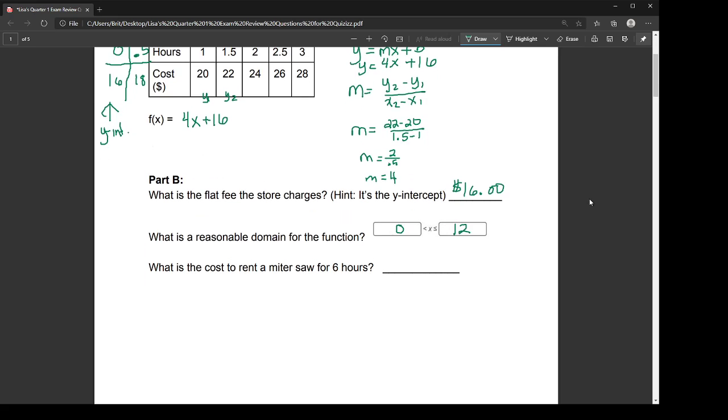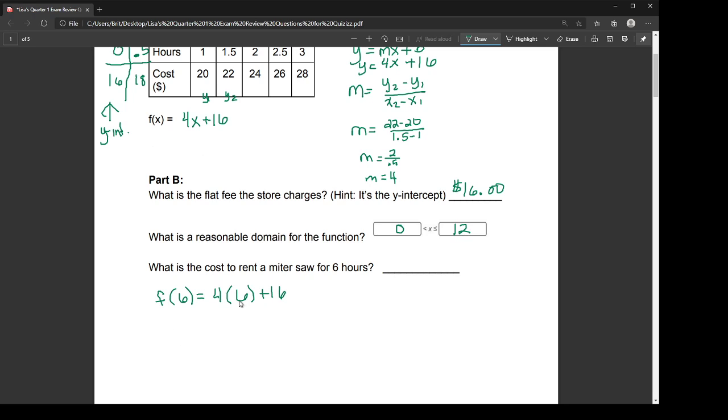And then the last question is, what is the cost to rent a miter saw for 6 hours? So this is asking us to find f of 6. I'm going to go into my function and replace every x value with a 6. So I have 4 times 6 plus 16.